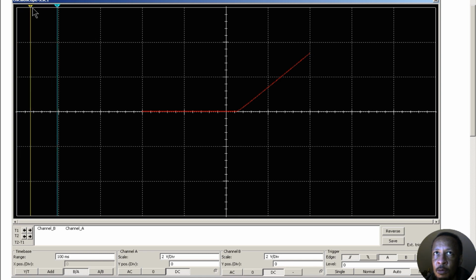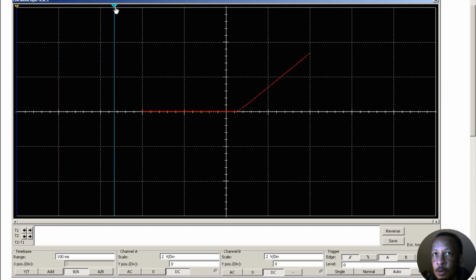Now, one other thing with this, I'm going to use the cursors, but one thing with the cursors, channel A is my input, channel B is my output, but because channel B comes first, it reorders it on the cursor, and so the cursors see it a different way.